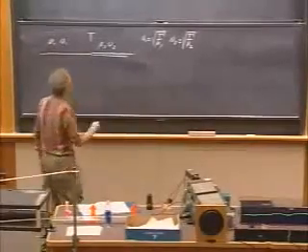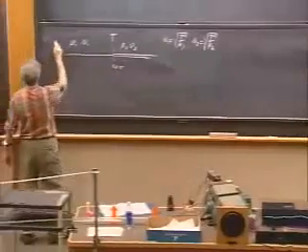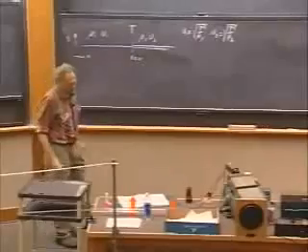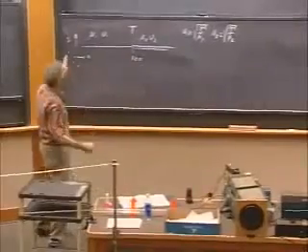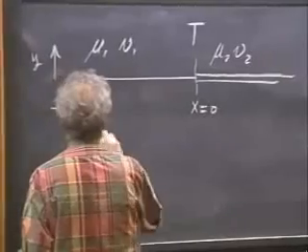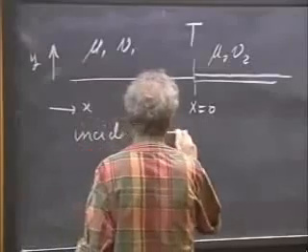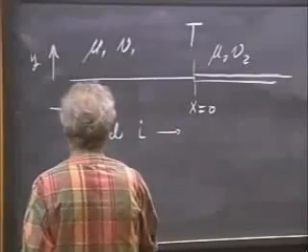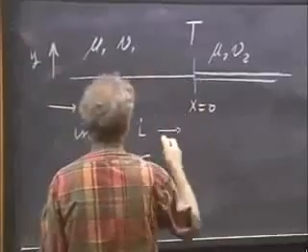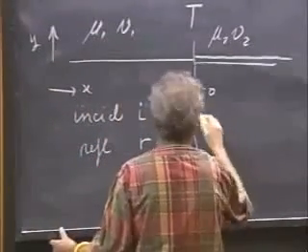I will call this point here, for simplicity, x equals 0, that is the junction, and this is the y direction, and this is the x direction. And I'm going to have a wave coming in from the left, which I call the incident wave. Incident, I will give that an I, moving in this direction, and then there will be a reflection, which I call R. Something may come back, so that goes into this direction, both in medium 1.